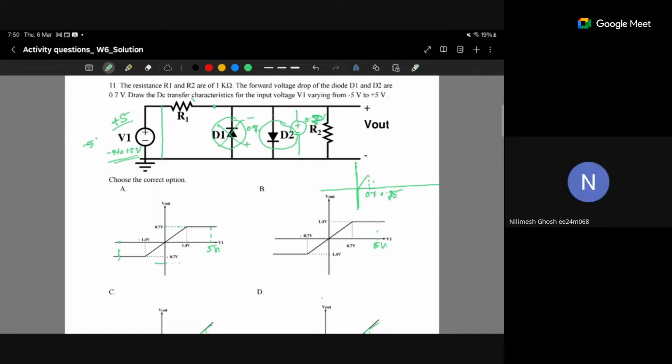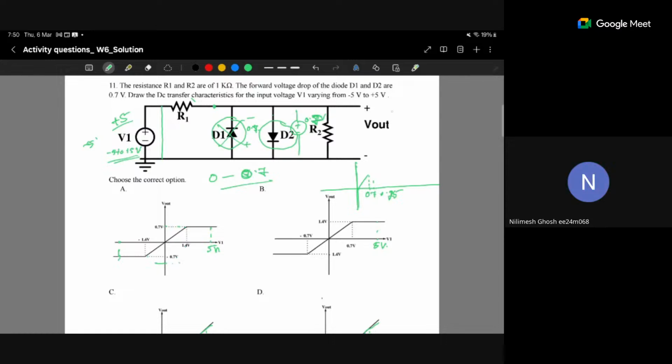But in between 0 to 0.7 volt, no diode is forward biased, right? So what will happen in between 0 to 0.7 volt? The current will flow through the R1 and R2 resistors.